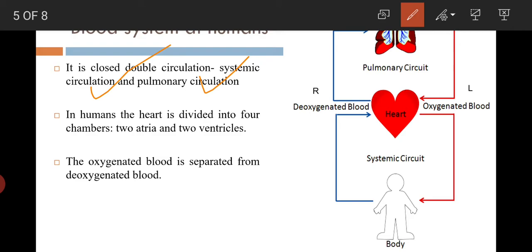You can see in the picture that on the left side of our body we have oxygenated blood, while on the right side we always have deoxygenated blood. The oxygenated blood is separated from the deoxygenated blood. In humans, the heart is divided into 4 chambers, 2 atriums and 2 ventricles.